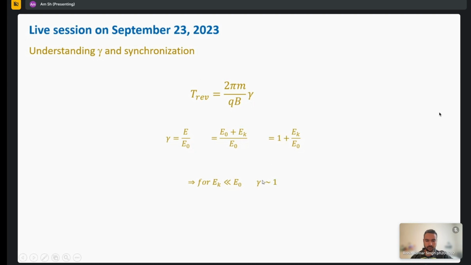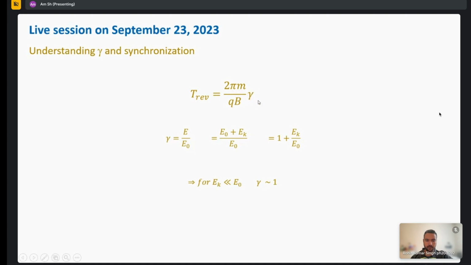But when gamma becomes very high, meaning kinetic energy is much higher than the rest energy of the particle, then this equation is no longer independent of gamma. Instead, if gamma increases, on the same orbit length T revolution will increase.